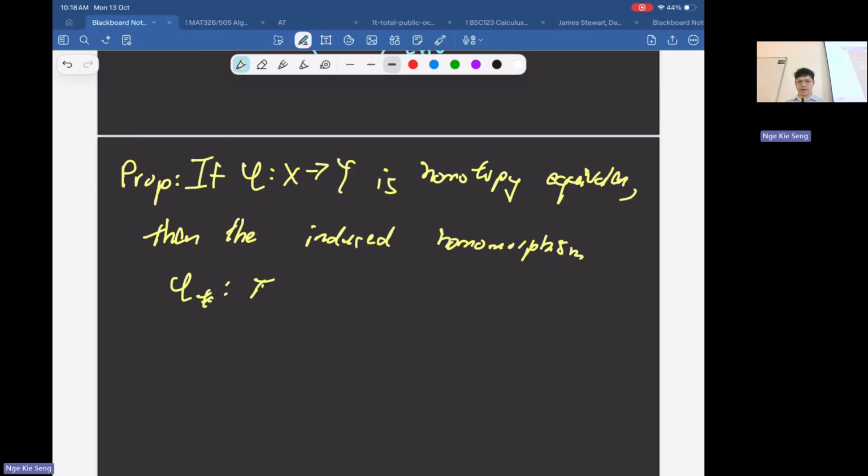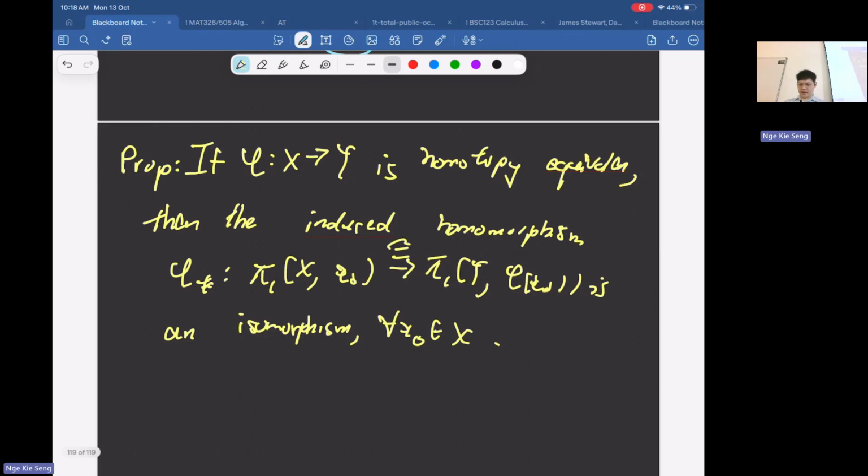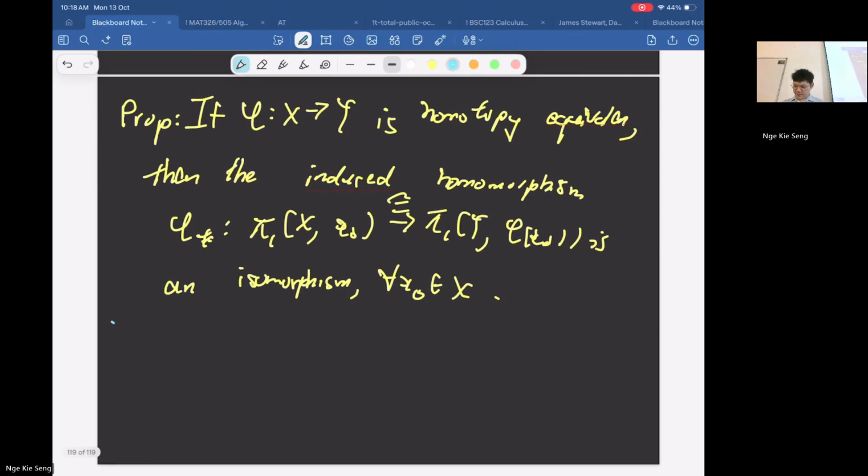So phi star from pi 1 of x, x naught, to pi 1 of y, phi of x naught, is an isomorphism, for any base point, regardless. So how to show this? This proof is a little tricky. Proof.